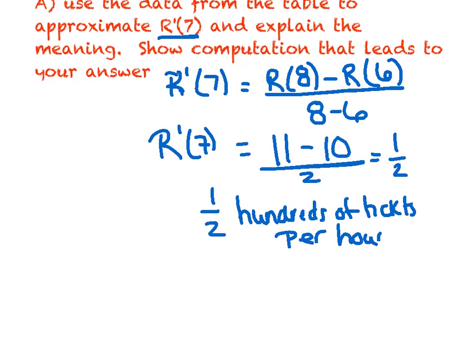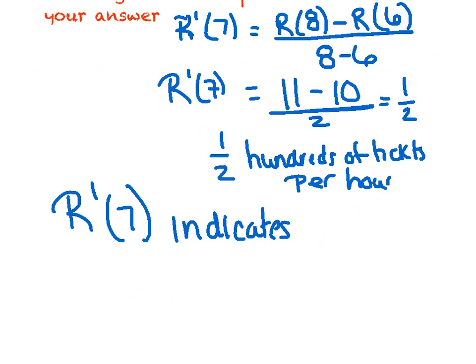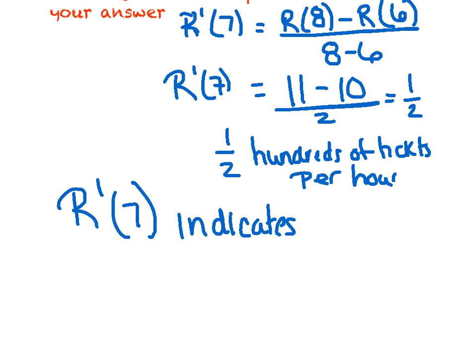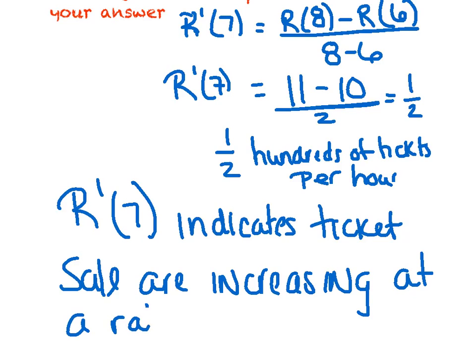Since I got a positive number, I'm going to say r prime of 7 indicates ticket sales are increasing at a rate of 1 over 2 hundreds of tickets per hour.